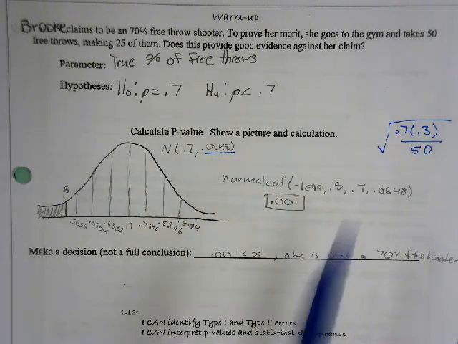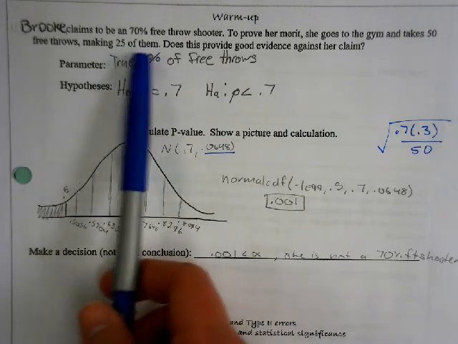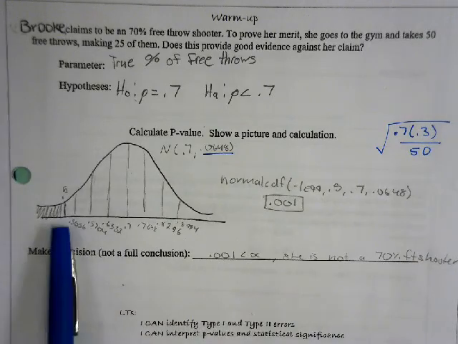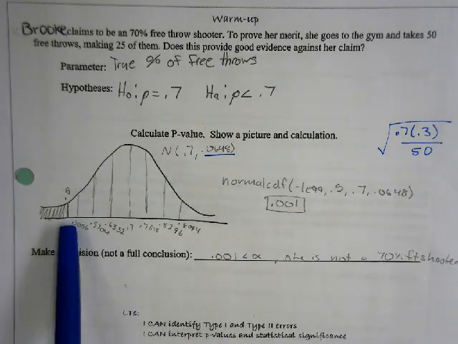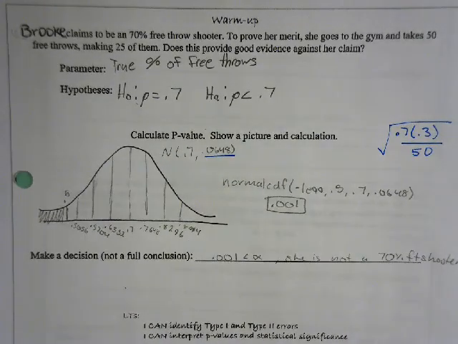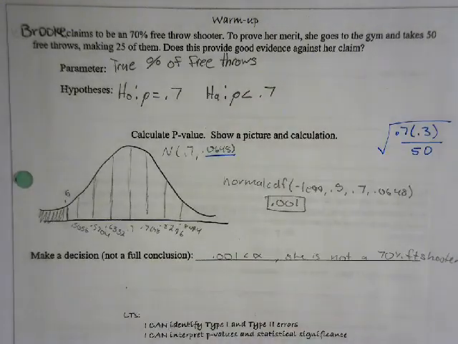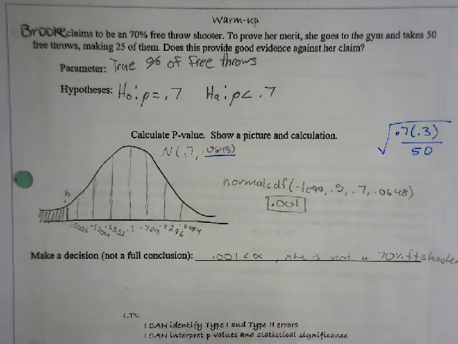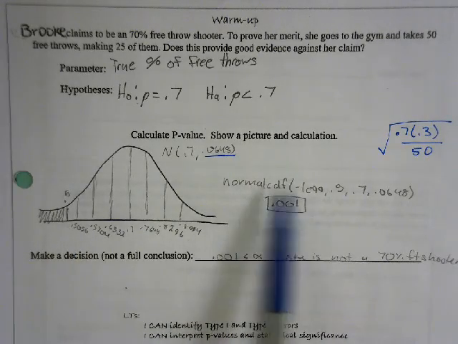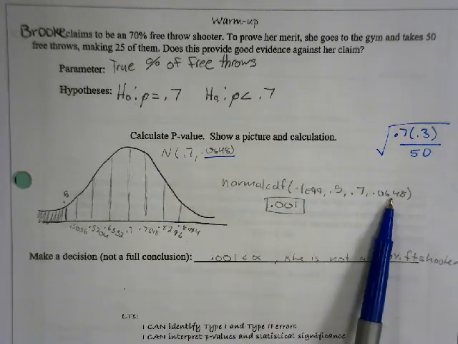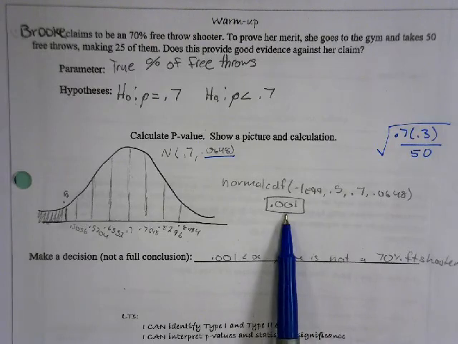And then our p hat is 0.5 because 25 out of 50 is 0.5. So Lindsay put 0.5 on the normal curve. And then we looked at less than. So she did normal CDF, negative 1E99, 0.5, 0.7, 0.0645, and we get 0.001.